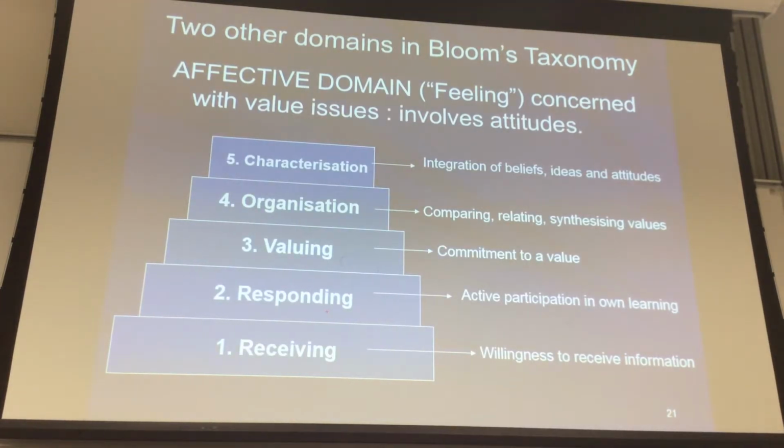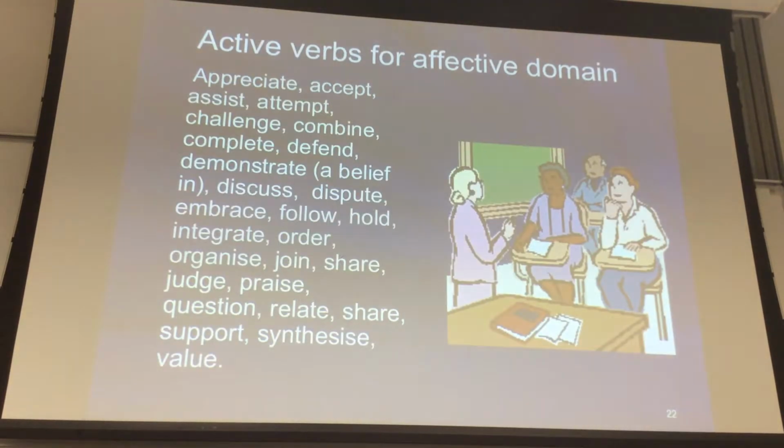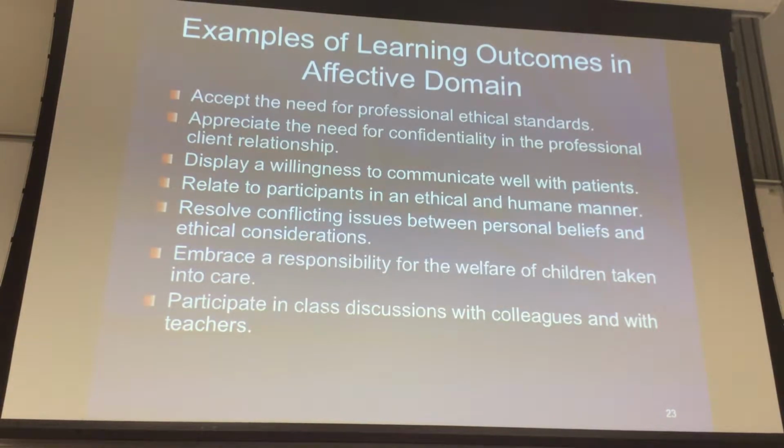Right. Now, other domains: in the affective, there is another affective domain. This involves attitudes. If I give you some examples, you'll know what I mean. This is where you have ethical values, judgments. So, professional standards in engineering, the need for confidentiality, the fact that engineers are interacting with the general public.